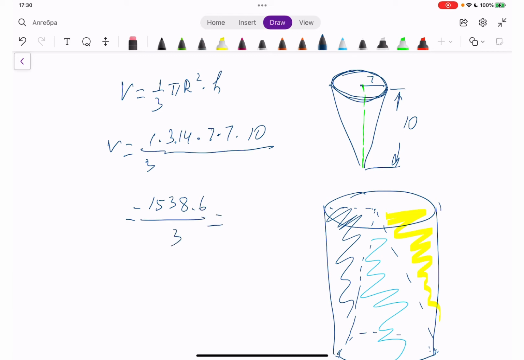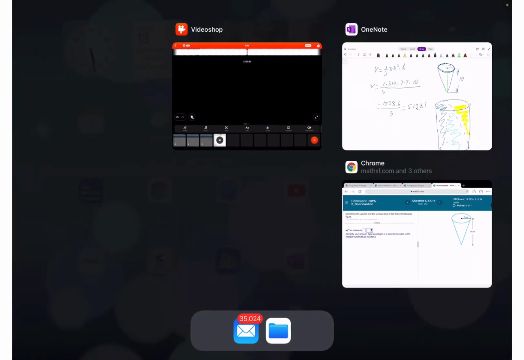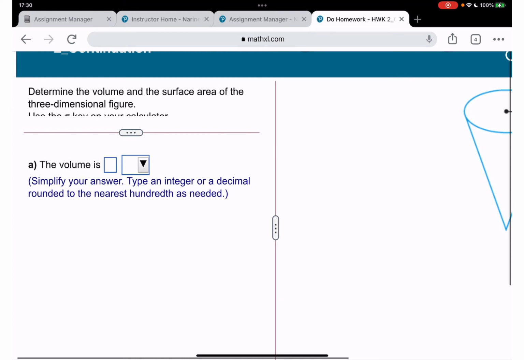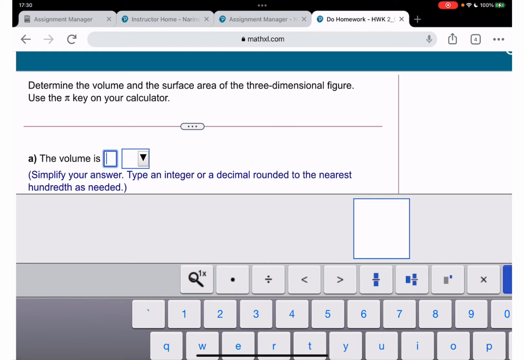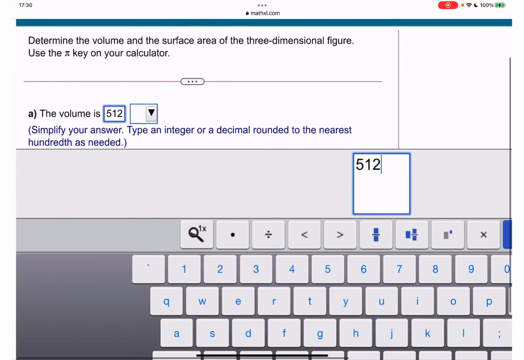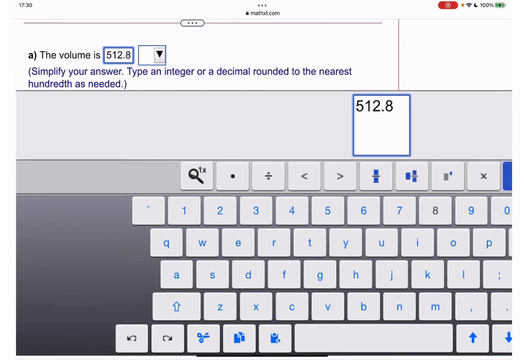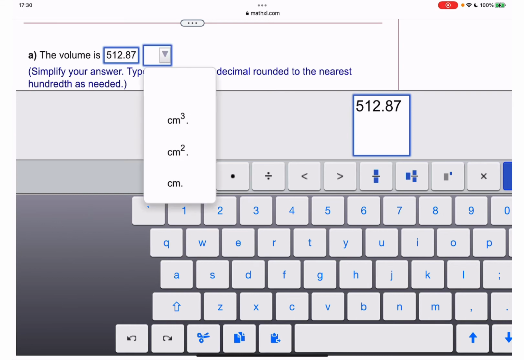And if we divide by 3, we are getting 512. Let me see how many decimal notation they need here. I think it's 2 decimals. It's gonna get 512.87. Since it's volume, we are going to get centimeter cube.